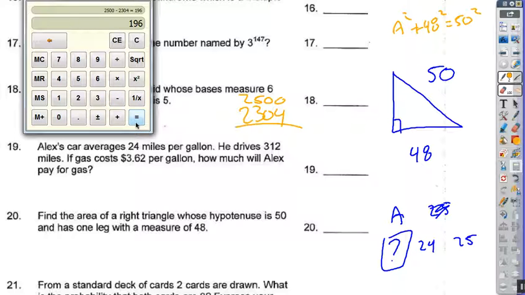So we get 196. So we have a squared is equal to 196, square root, and we get 14.